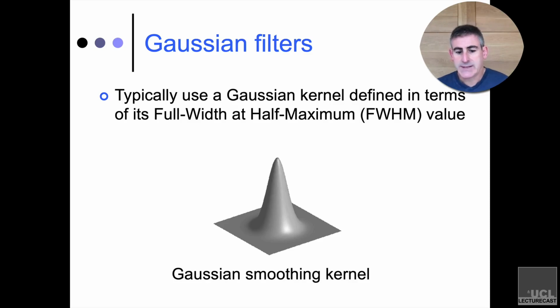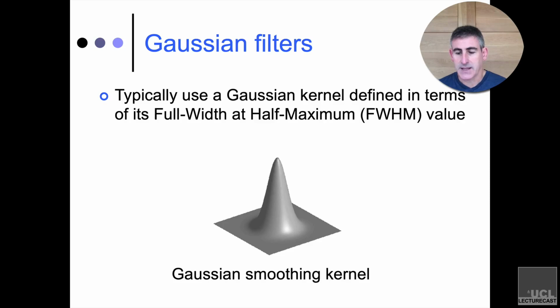The way we normally do this is using what's called a Gaussian filter. You've all seen a normal distribution curve, right? This is a normal distribution in 2 dimensions, a sort of Mexican sombrero hat shape. If you rotate that in, say, 1 dimension, then you get a shape that looks like this. That's a normal distribution or a Gaussian curve, which can be described in different ways. For whatever reason, in imaging, we tend to describe these by measuring their full width at half maximum.